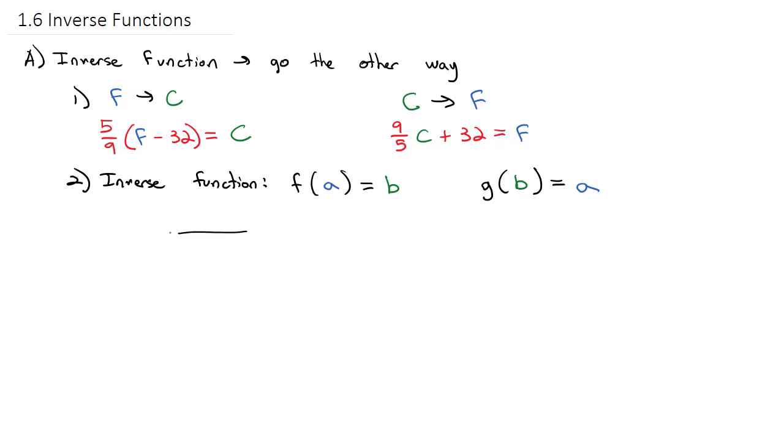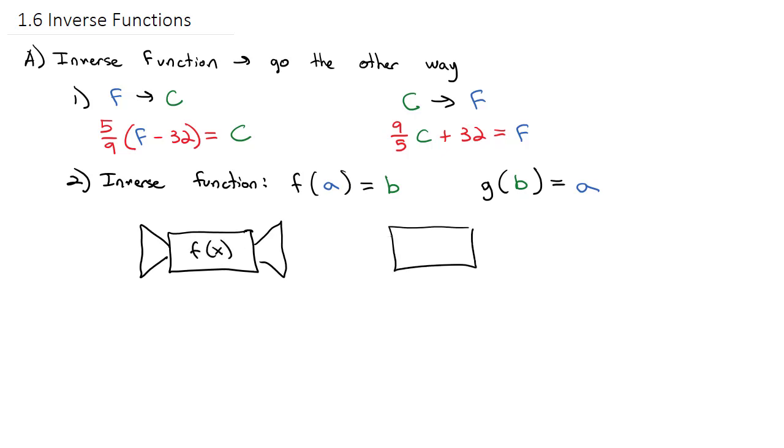Thinking about our function machines that we had back when we introduced functions. We might have one function that we call f of x and another function machine that we call g of x. So the idea is if I take an a and dump it into the first function, we'll get a b out.